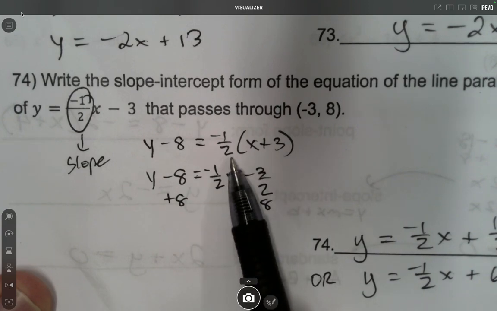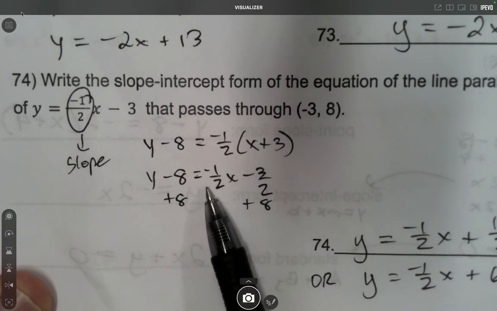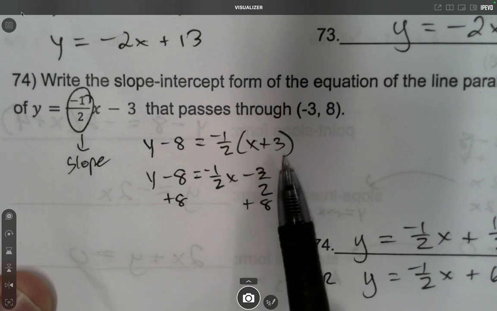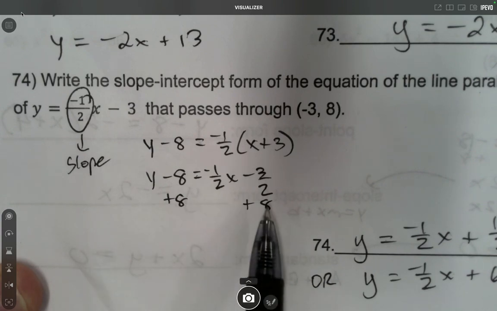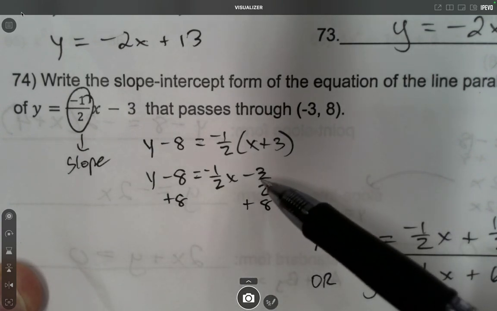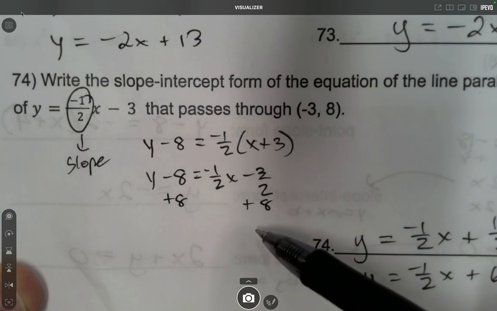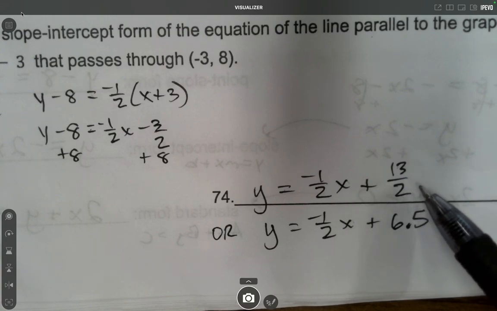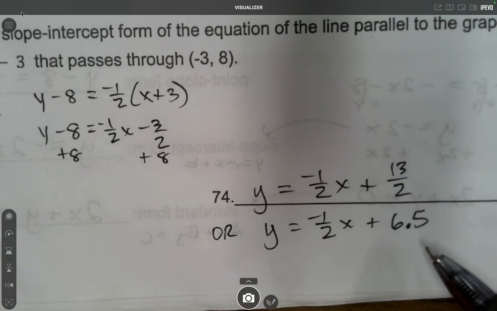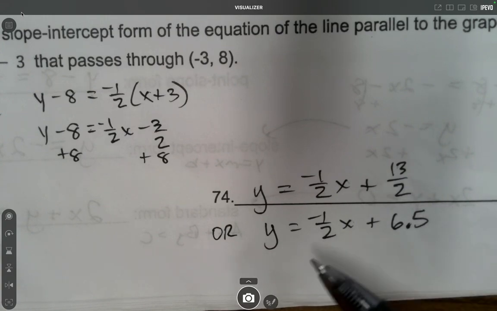We distribute the negative 1/2, negative 1/2 times x, negative 1/2 times 3 is negative 3/2. And you can use your calculator for this. To get y by itself, you need to add 8 to both sides. Negative 3/2, you can type in negative 3 divided by 2, plus 8. You can either get the fraction form, 13/2, or the decimal form, 6.5. I would accept either one just fine.